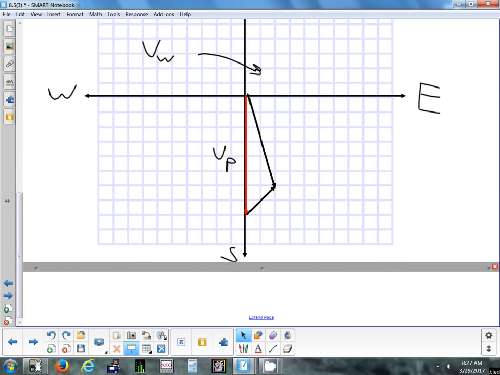So what are the two things that are going to happen to the plane if the pilot doesn't adjust for the wind? It's not going to go to the right place. Okay, so why? What's going to happen? It's going to end up going southeast. Yeah, its direction is going to change. And what else? And the speed is going to change. Okay.